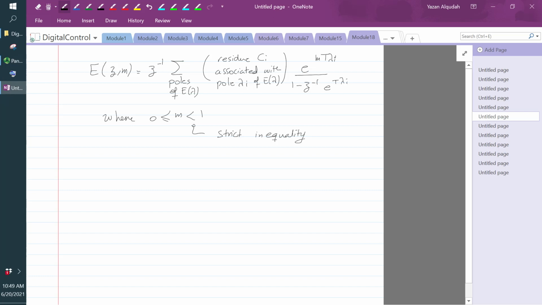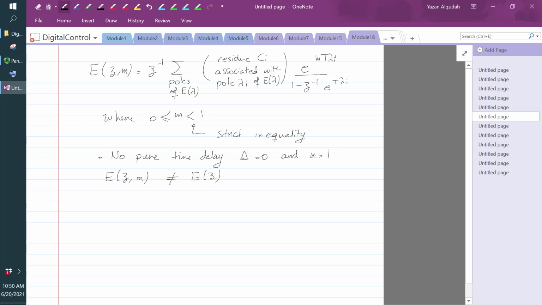And in the case of no pure time delay, this means delta is equal to 0 and m is equal to 1. Now, in this case, E of z comma m is not equal to E of z.